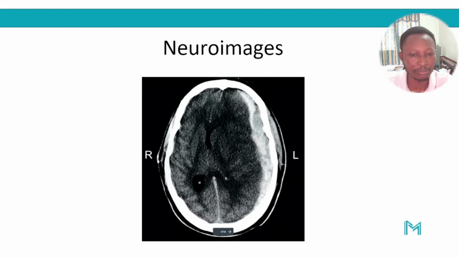Right, this is another image, again showing you a hyperdense crescent shape lesion, whiter than the rest of the brain. An interesting thing going on here is outside the cranium, but within the scalp.